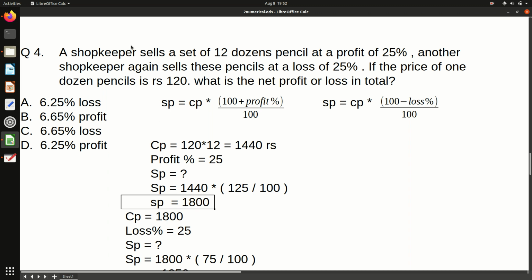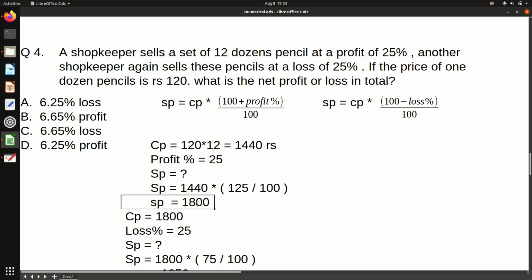It means the first shopkeeper sold these pencils to another one at 1800 rupees. So this 1800 will be the cost price of the other shopkeeper, because he has bought it.